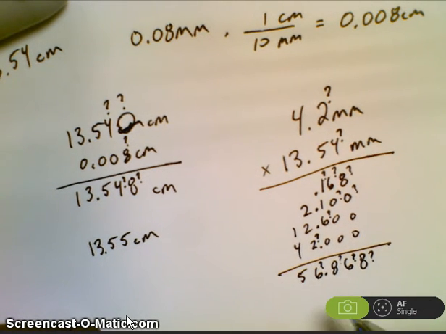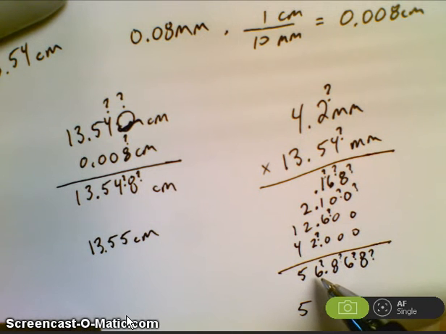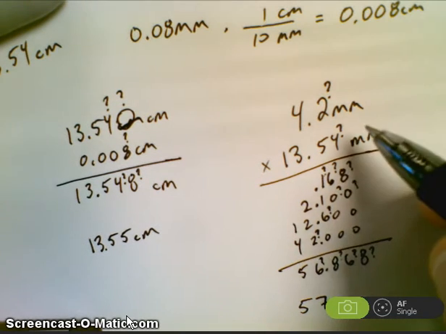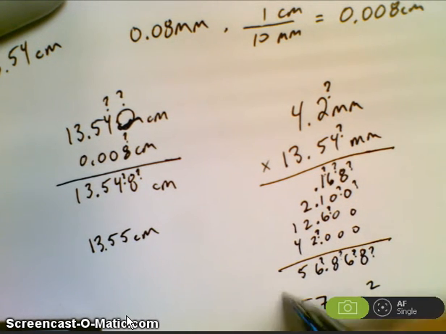So when I report this on my page, the only number that I know for sure is this 5. And I go to the next one that's an estimated one, which is this 6, but I look after it. It's an 8, so I round up. So the number on my page is going to be 57. And if I looked at units, millimeters times millimeters, I'd have millimeters squared.